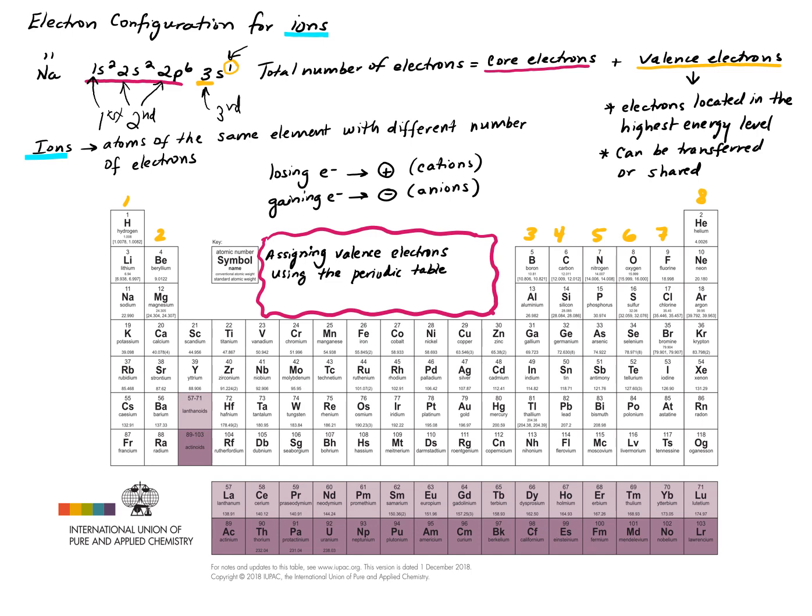We can actually assign the number of valence electrons using the periodic table. Sodium is in group 1 and it's going to have one valence electron. Looking at group number 2, electron configuration for sodium ends in 3s1. For magnesium in group 2, we are going to have 3s2.